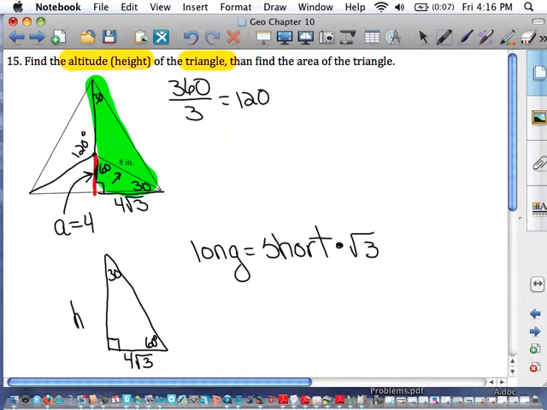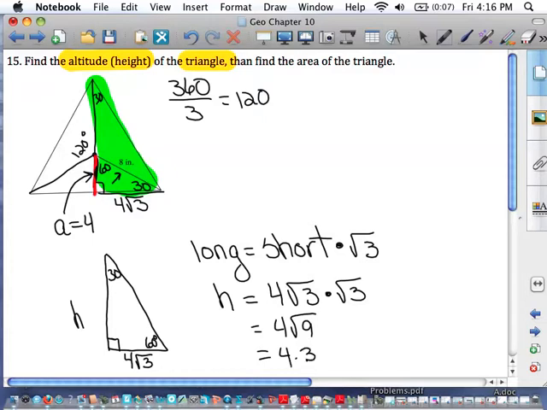Well, in this case, long leg is h. The short leg is 4 square root of 3 times the square root of 3, which gives me 4 times the square root of 9. Square root of 9 is 3. So that gives me a height of 12.